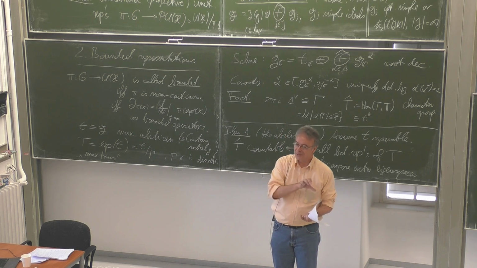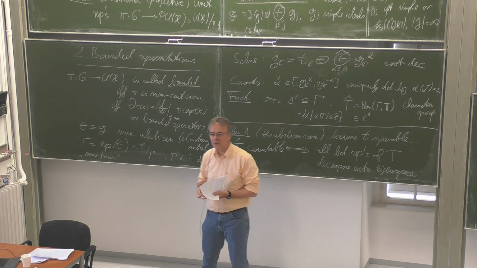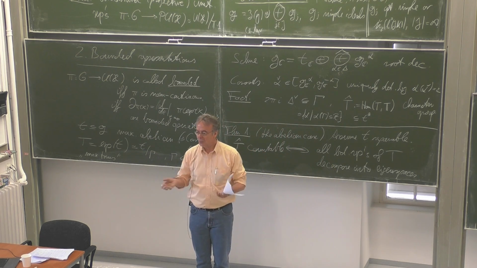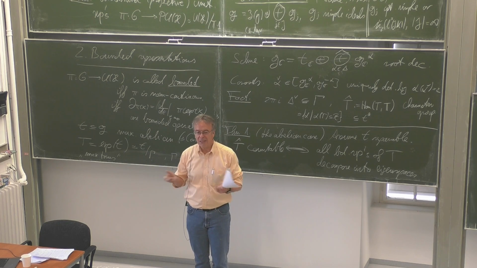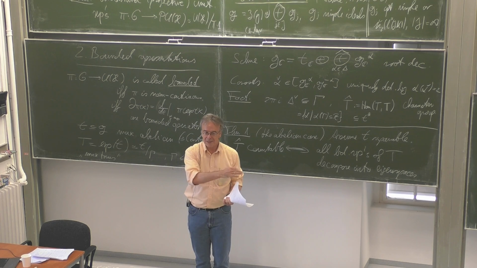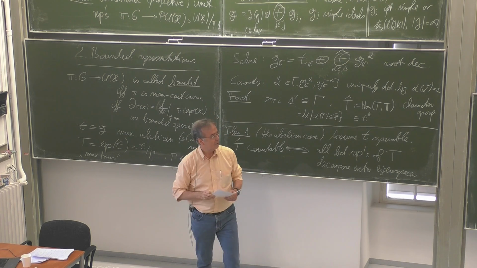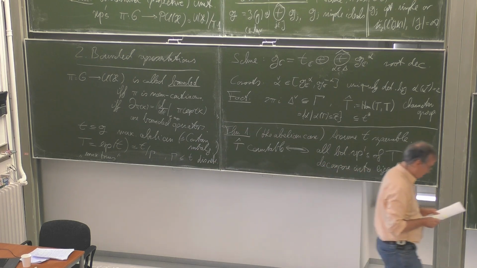So this is sort of the dark side of the theory, where you have to use completely different tools to understand what is going on. And there the picture is much less complete. But it's clear where the boundary is. It's the boundedness of the co-roots that decides whether the theory is nice or not.